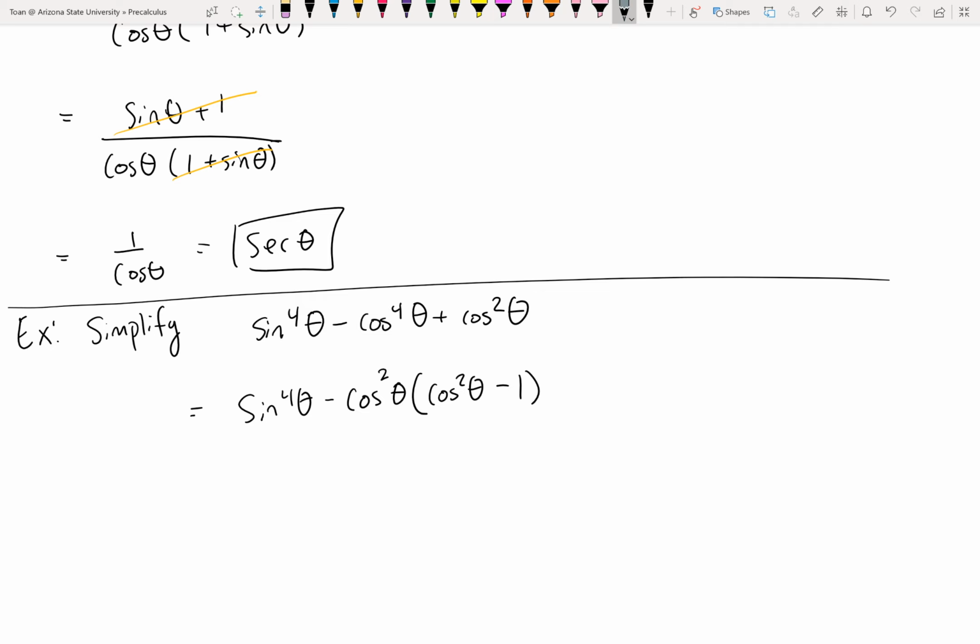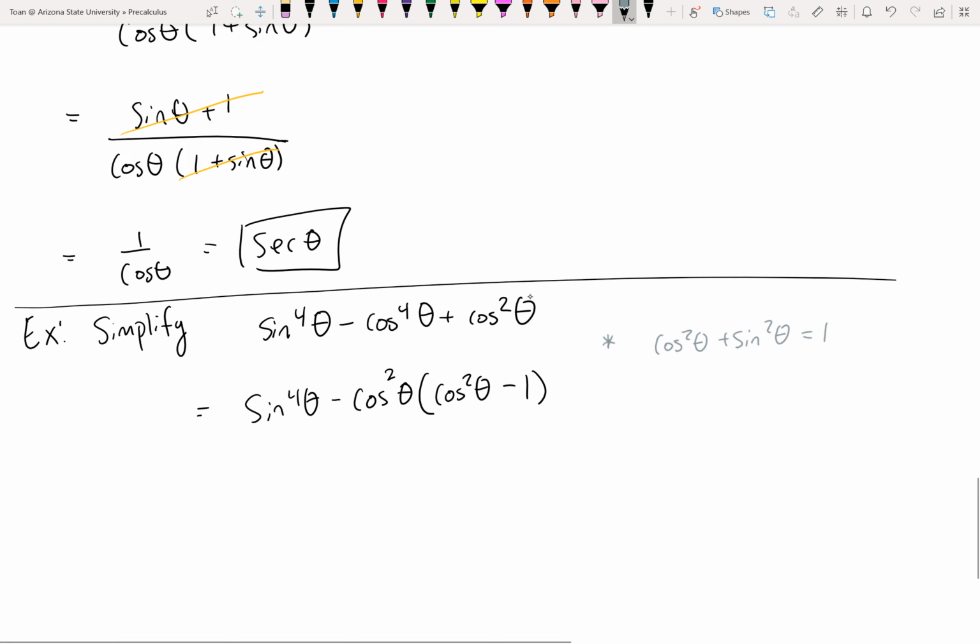Now, that seems to be a bit messier, but anytime you see a squared with a 1, we should think of Pythagoras' theorem. So we need to remember that cosine squared theta plus sine squared theta equals 1, right? Your goal is to rearrange this guy so it looks like what you have.